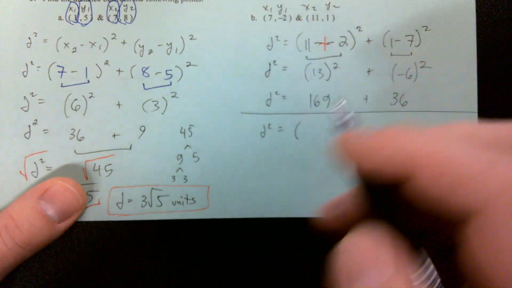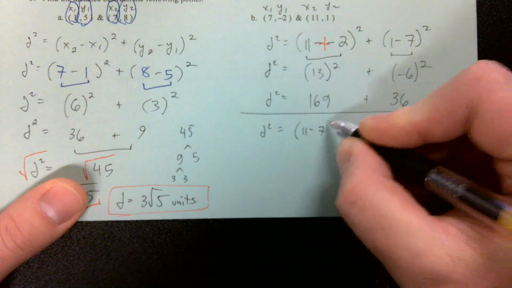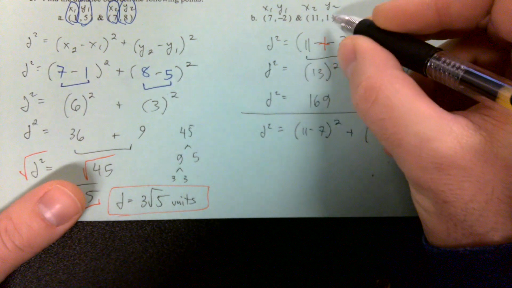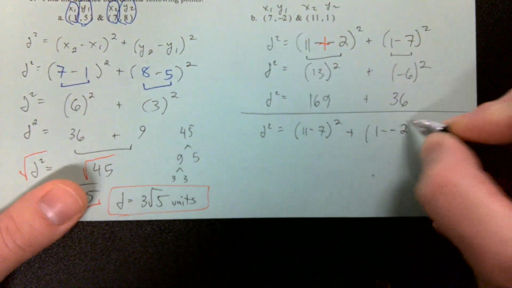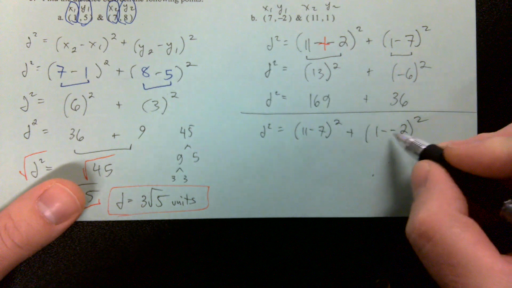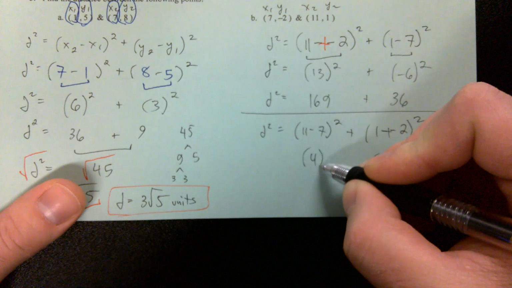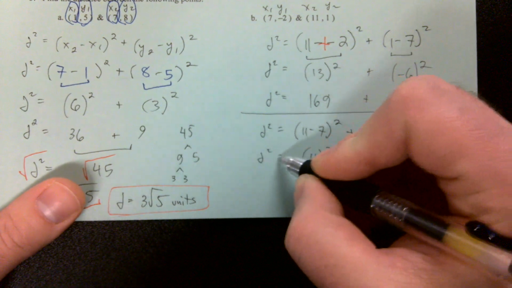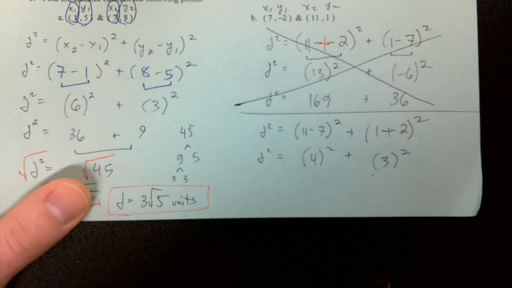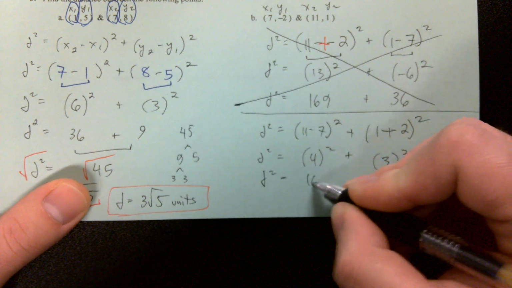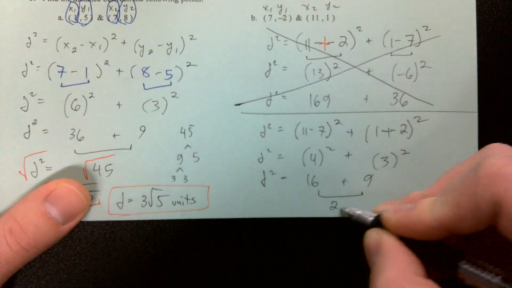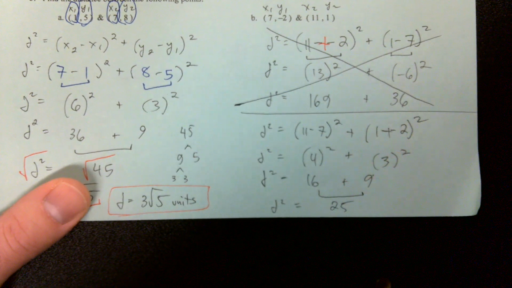x2 minus x1, good, is 11 minus 7 plus y2 minus y1. Add those together to get 3. Subtract those to get 4. I get 16 plus 9 gives me 25.